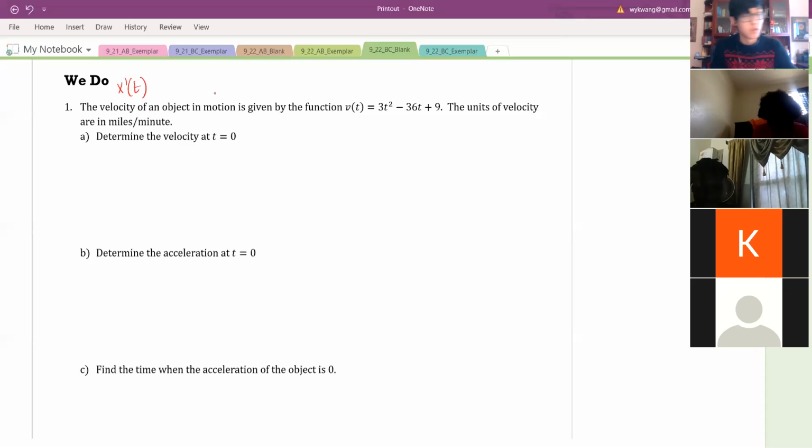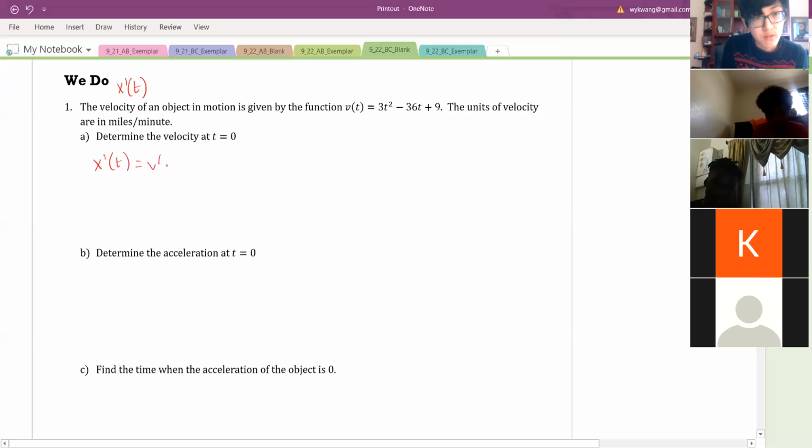The function that they gave here, v of t, is already the x prime of t. So x prime of t equals v of t, which is 3t squared minus 36t plus 9.